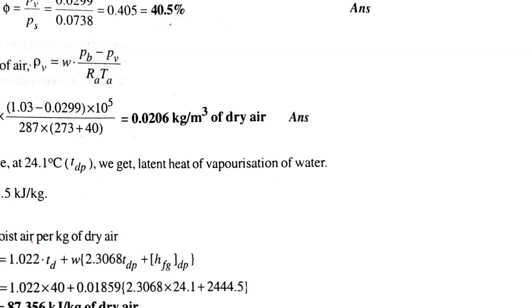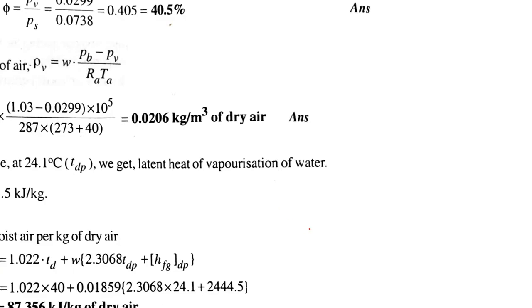So use this formula for enthalpy, which we already explained in the psychrometric relations. H equals 1.2022 TD plus W into 2.3068 TDP plus HFG plus TD. So we finally obtain 87.356 kilojoule per kg of dry air.